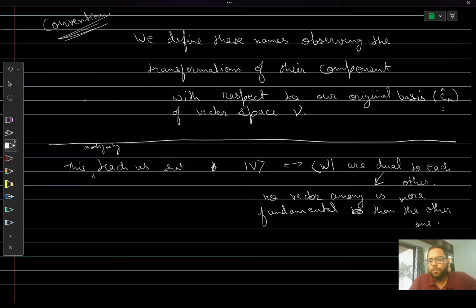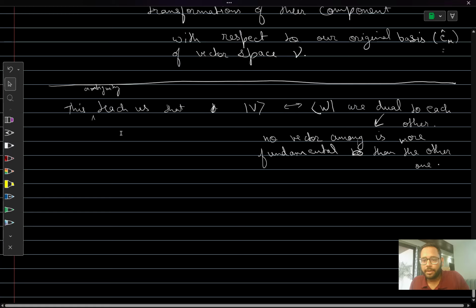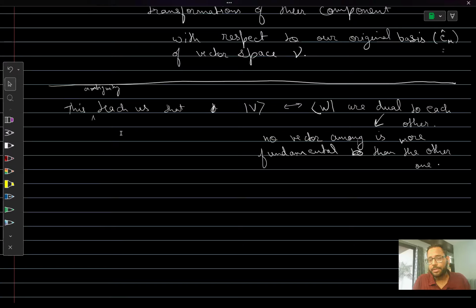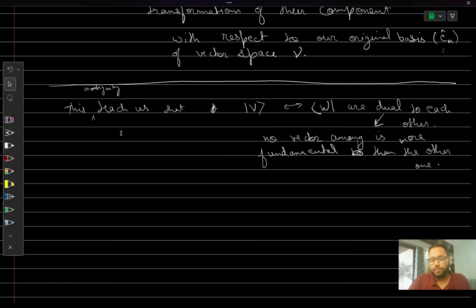So a dual vector is also a vector, and a vector is also a vector, and none among them is more fundamental. You don't consider that vectors are more fundamental. You can define dual vectors as vectors, and the vectors are just duals of those dual vectors.